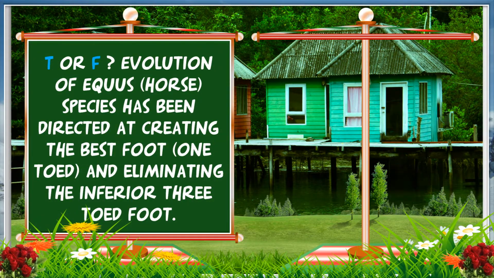True or false? Evolution of Equus, which is a horse species, has been directed to creating the best foot, that is one-toed, and eliminating the inferior three-toed foot.